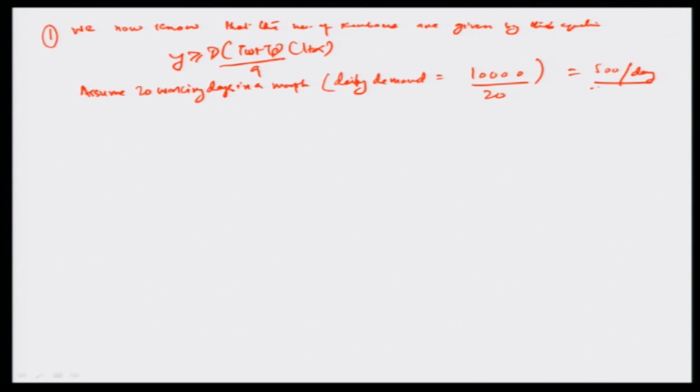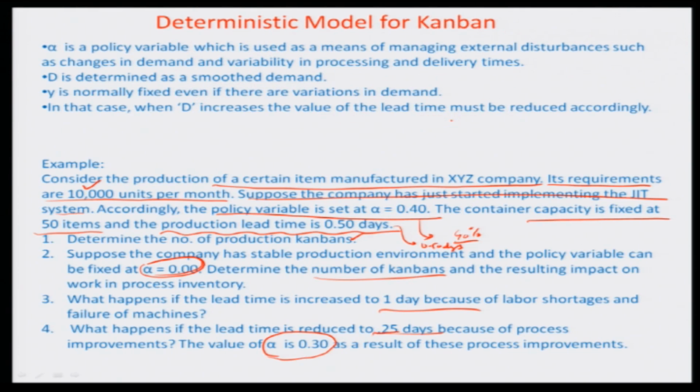So, we would estimate this on a per day basis. Obviously, the demand that is available is in units per day. So, the demand D here is about 500 units per day as given in the question, and the total amount of production time which is needed, resulting from both the waiting period and the production period of the Kanban, is given to be 0.5 or half a day, as illustrated in this question.